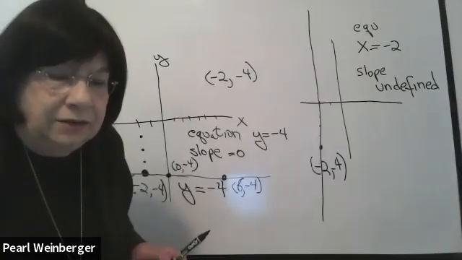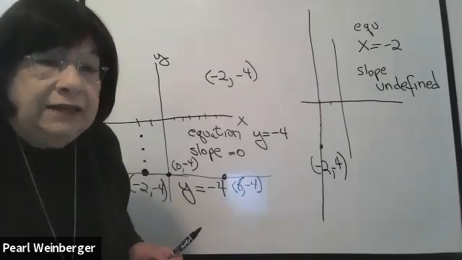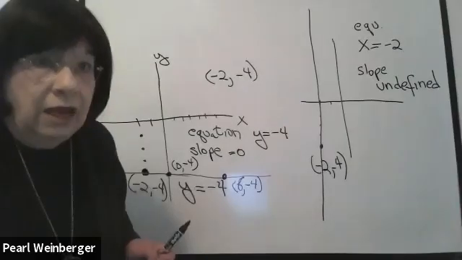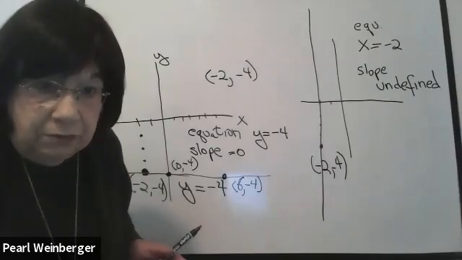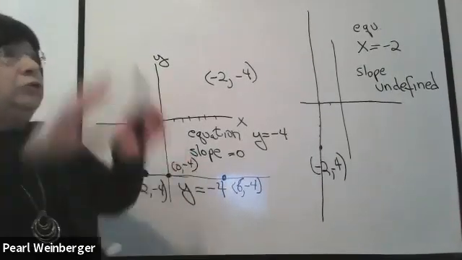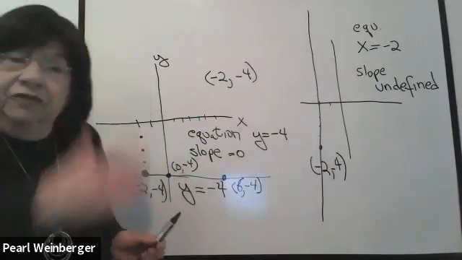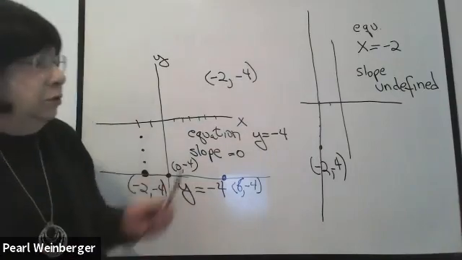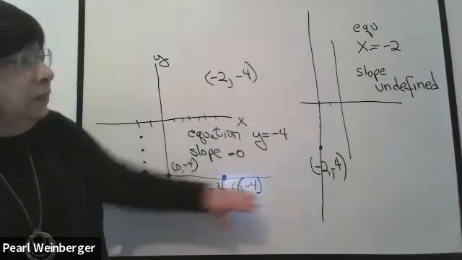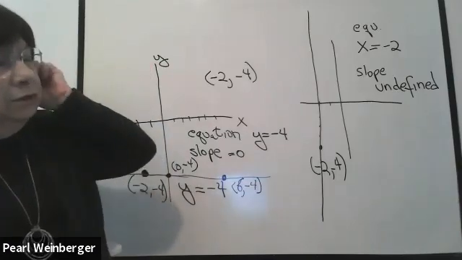You said 0 is the slope of a vertical line? Say it again, John. The slope of a vertical line is undefined. And the slope of a horizontal line is 0. You just have to put it in your notes big and bold, on the inside of the front flap of your notebook.